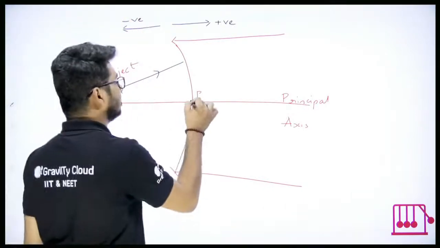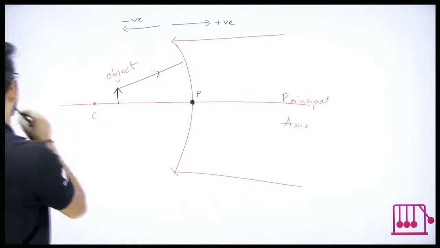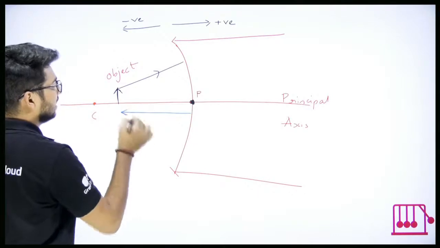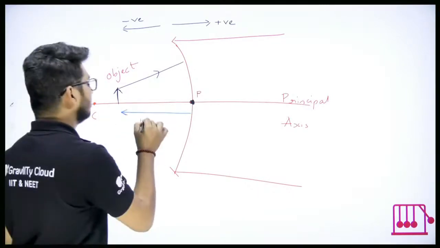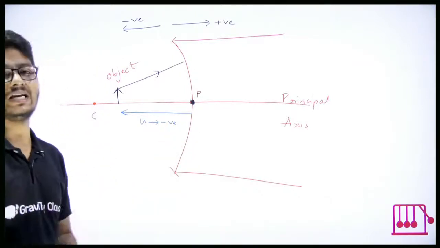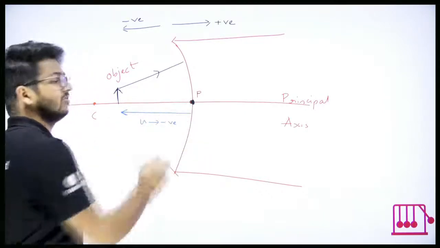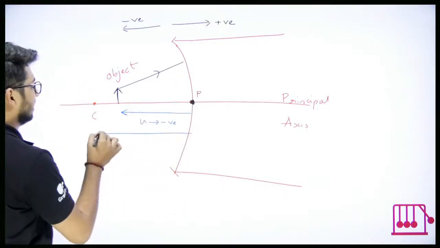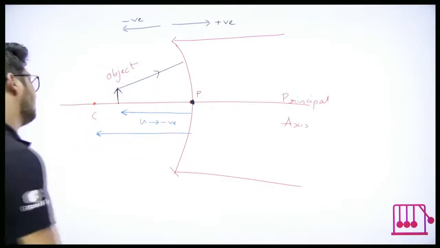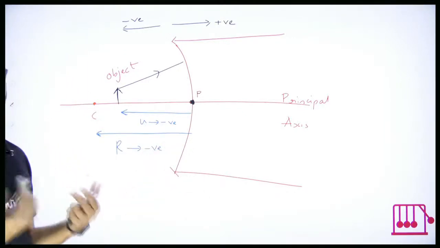The distances are always measured from the pole. Here, the object distance from pole to the object is towards the left, so u is negative. For the radius, again every distance is measured from the pole. From the pole, I go towards the center, in which direction? Left, and left is negative. So the radius will also be negative, and we will depend on where the object is.